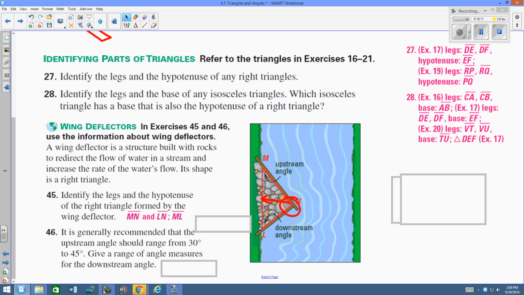It is generally recommended that the upstream angle should range from 30 degrees to 45 degrees. Give a range of angle measures for the downstream angle. So we know a right angle is 90 degrees plus our upstream angle, M, plus the downstream angle L should equal 180 degrees.